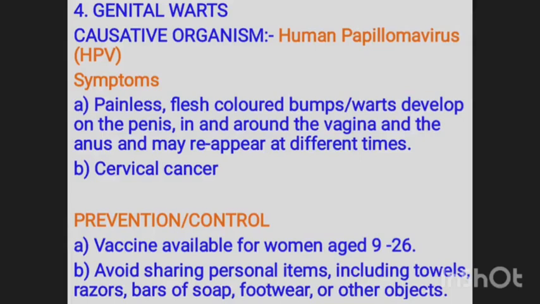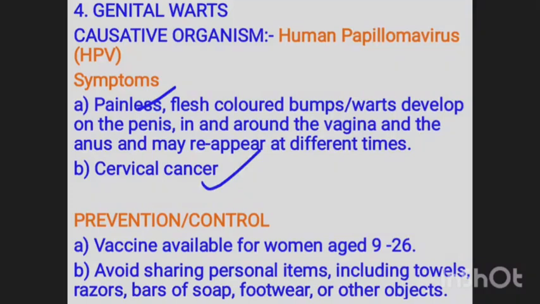One of the symptoms is that you feel painless flesh color bumps, or you call it warts, which develop on the penis for the male or around the vagina and the anus of the female, and may reappear at different times. And also, one of the symptoms is what is called cervical cancer. It has to do with the female cervical cancer.